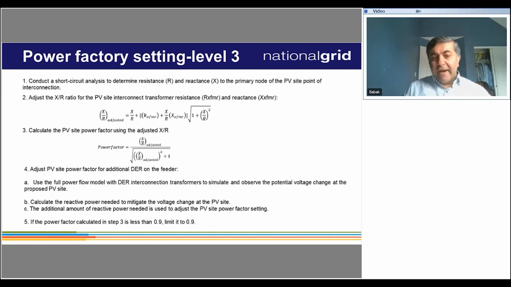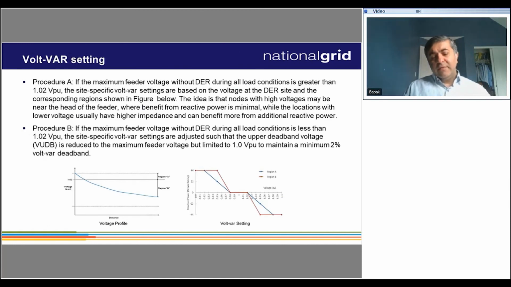So the calculated power factor is going to be totally different between DERs closer to the substation and those connected to the end of the circuit. That's the requirement, or the way of setting the power factor. I have one more requirement, or way of setting the volt-var curve, and then we should be good to go.